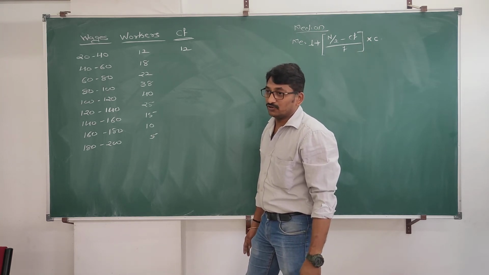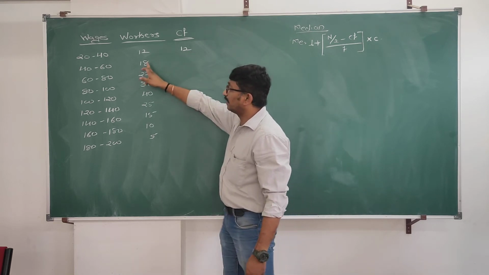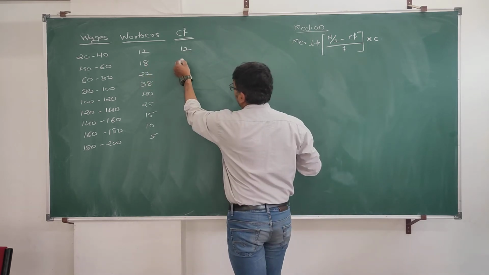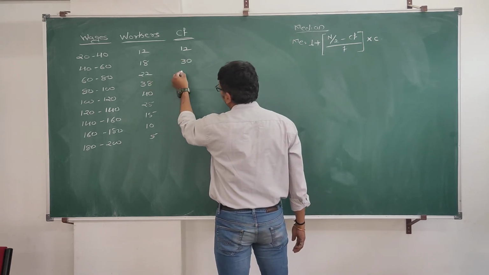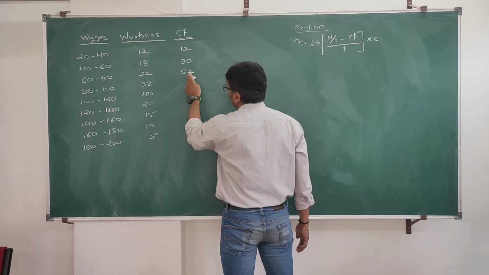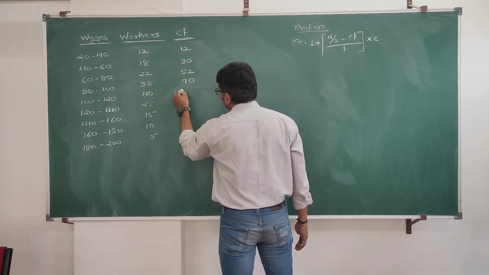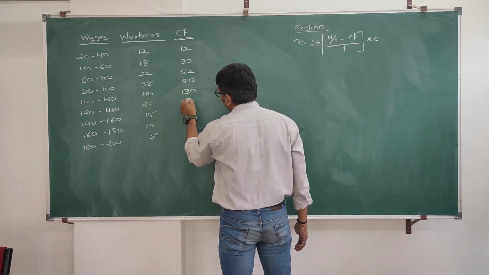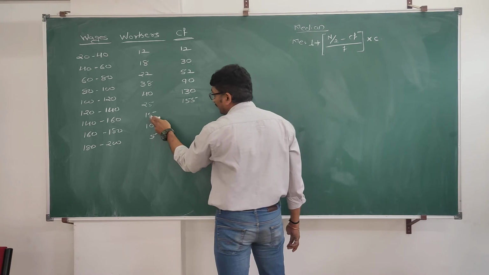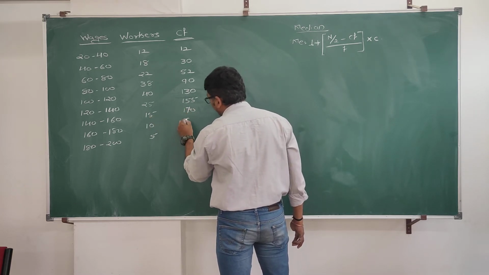Then we want cumulative. Cumulative means we have to add the numbers, right? So 12 plus 18, next CF value is 30. 30 plus 22, 52. 52 plus 38, 90. 90 plus 40, 130. 130 plus 25, 155. 155 plus 15, 170. 170 plus 10, 180.